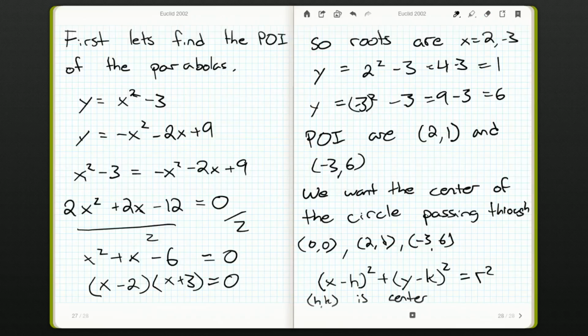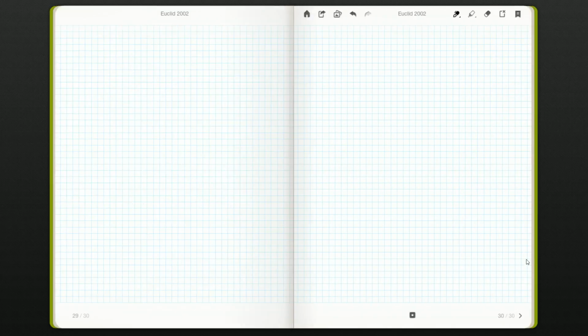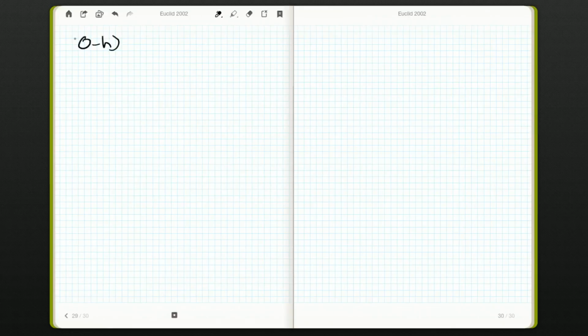And all these points should satisfy what we've got here. So we have 3 unknowns, the h, k and the r, and we have 3 points. That'll give us 3 equations. So let's go ahead and plug in our points. (2 minus h) squared plus (1 minus k) squared.